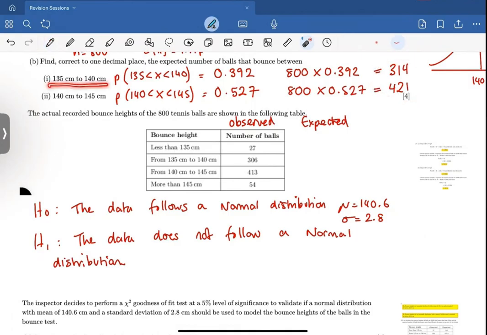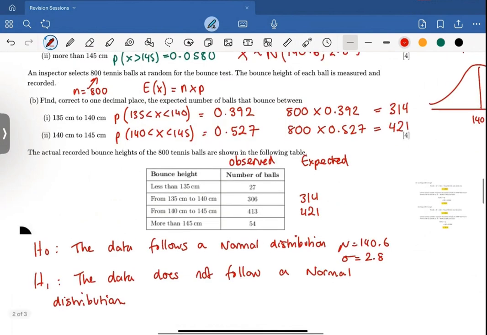So from 135 to 140, we would expect 314. And from 140 to 145, we would expect 421. But what's missing is less than 135 and more than 145.